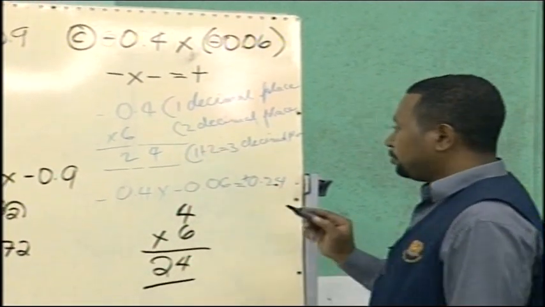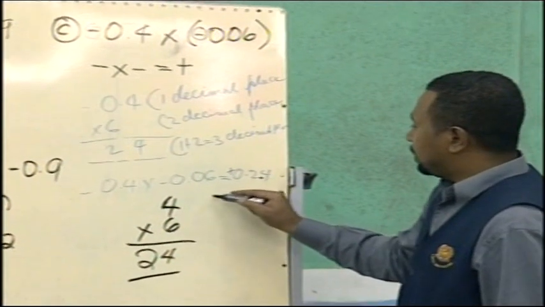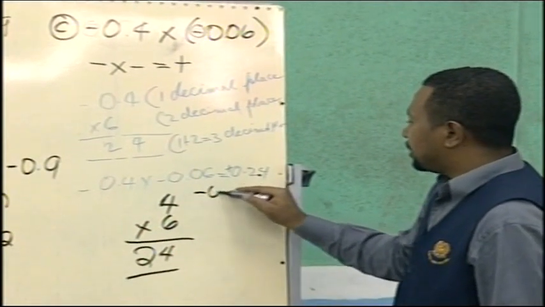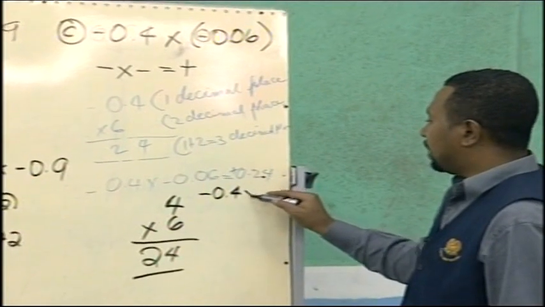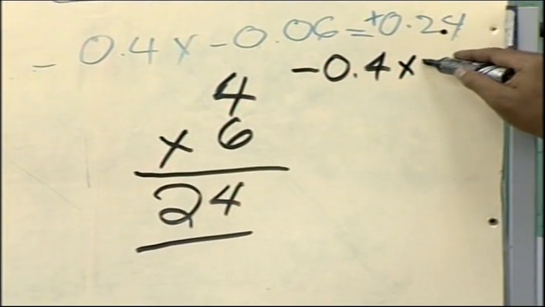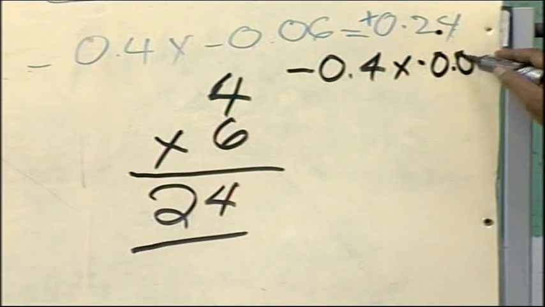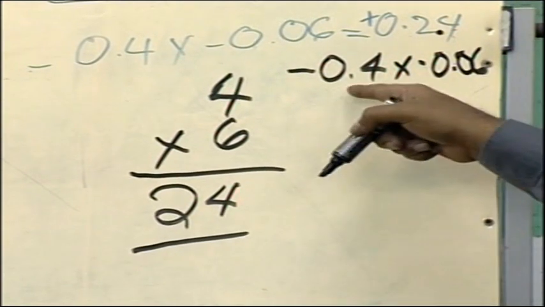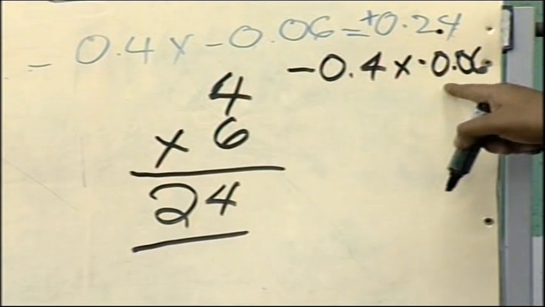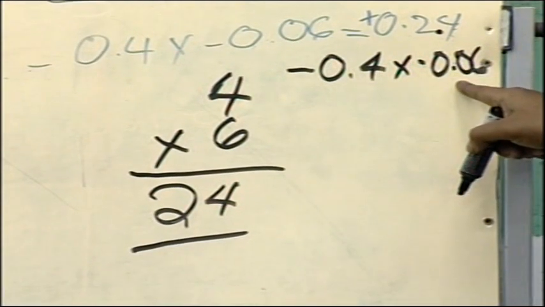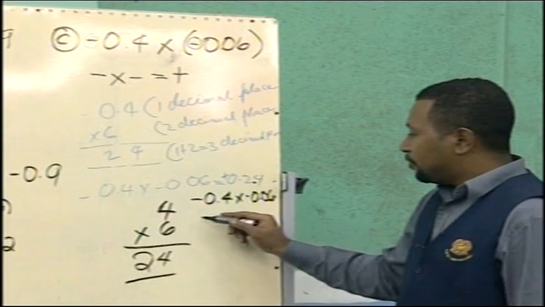Now, let's write it in the normal expression of the decimal. Negative 0.4 times negative 0.06. So how many decimal places in the first one? 1. And what about the second one? 2. So the total will be 3.